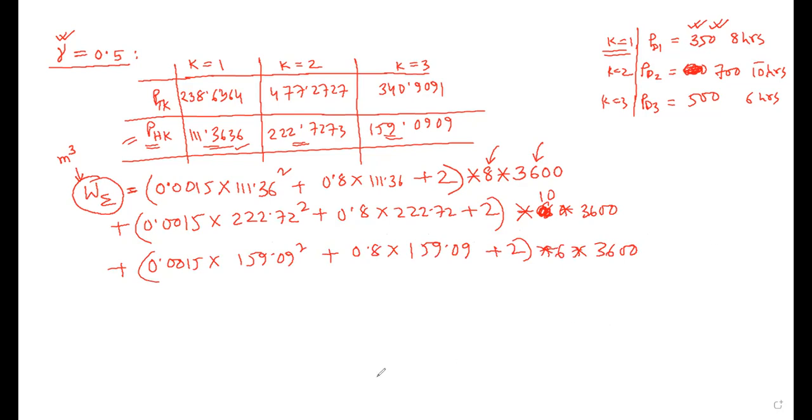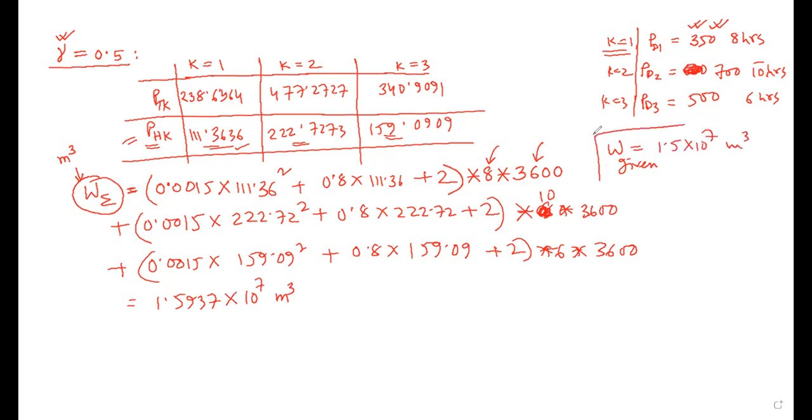Now if we add up everything, you will have the value 1.5937 into 10 to the power 7 meter cube, whereas the given W is 1.5 into 10 to the power 7 meter cube.